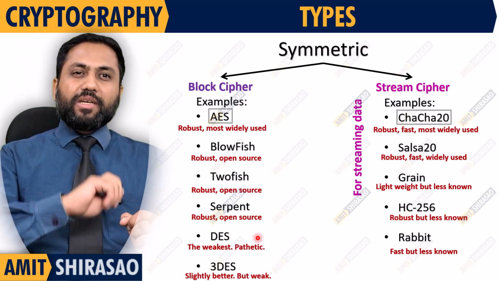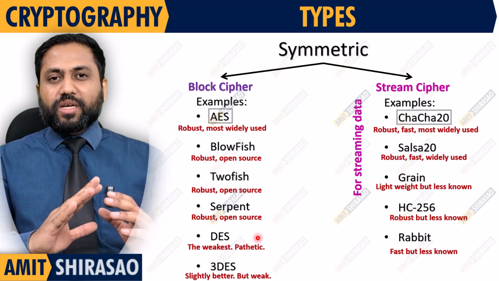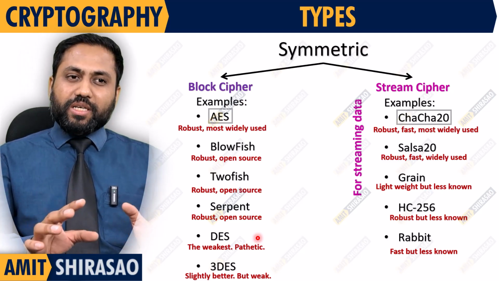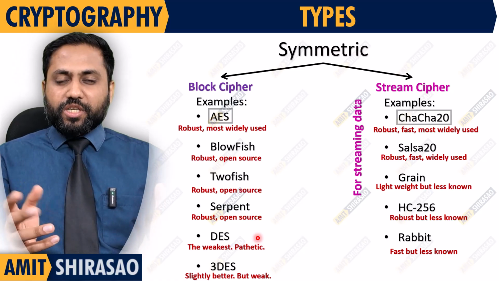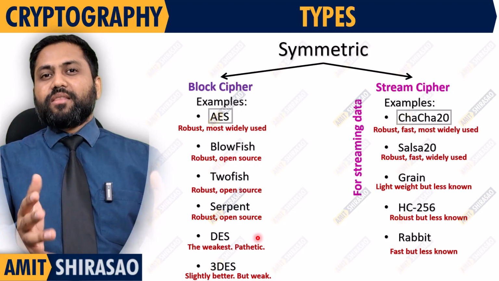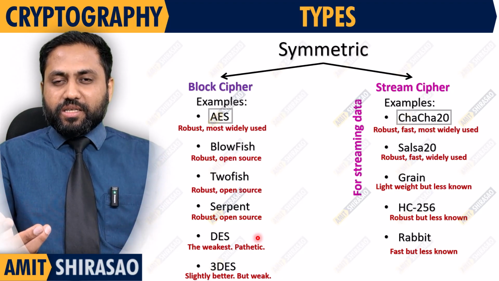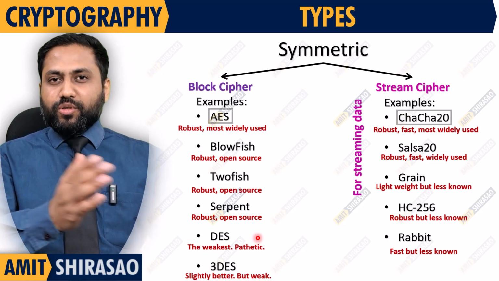In the olden days computers were not very fast, so that was a big number. But nowadays we have quantum computing and very quick computers, so they can generate 2 raised to power 128 keys and try to decrypt the message.